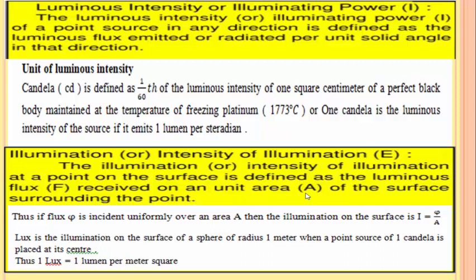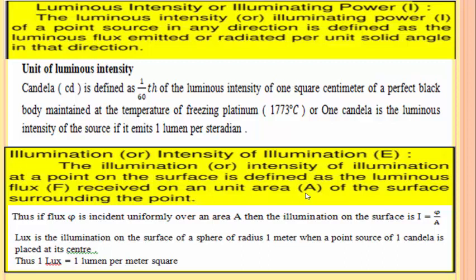Candela is defined as 1/60th of the luminous intensity of 1 square centimeter of a perfect black body maintained at the temperature of freezing platinum, or 1 candela is the luminous intensity of the source if it emits 1 lumen per steradian.